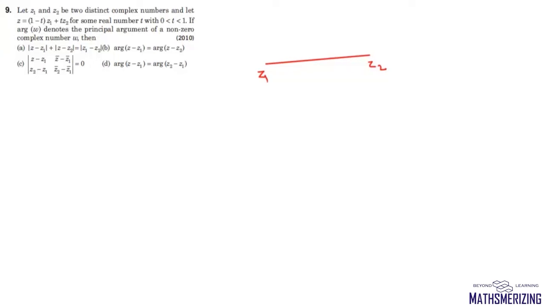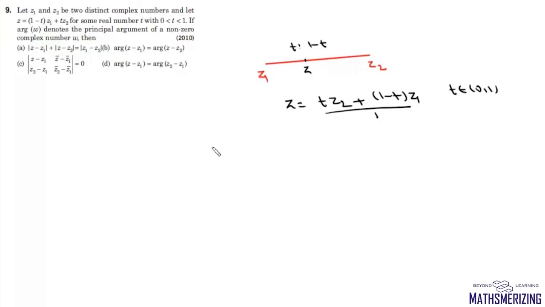So we'll take a point Z which divides Z1 and Z2 in the ratio t is to 1 minus t. We can write this Z as (t Z2 plus (1 minus t) Z1) upon 1. Now since t lies between 0 and 1, this point Z will lie between Z1 and Z2.